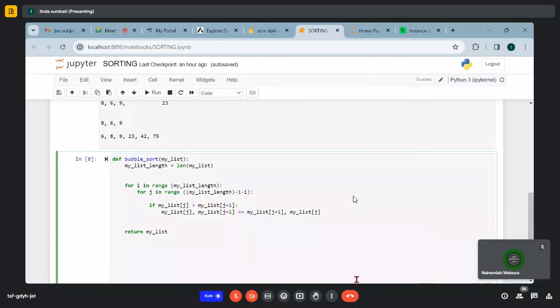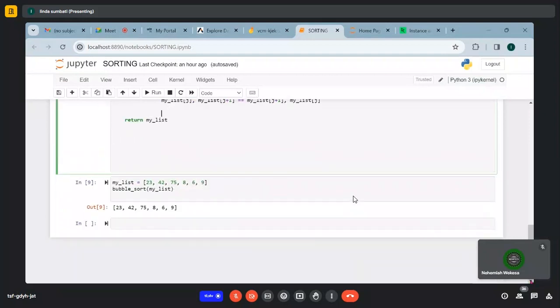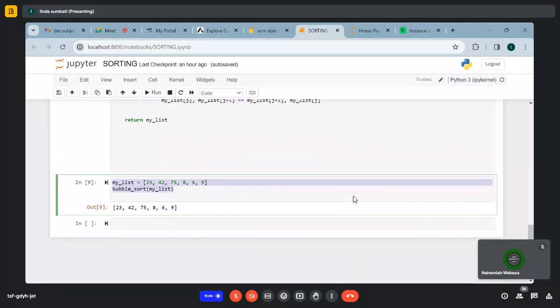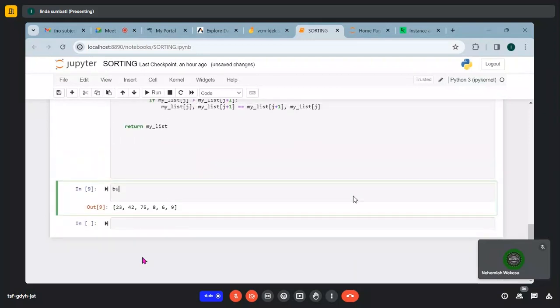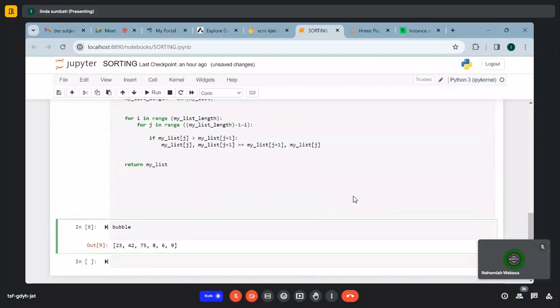Can we call the function that we have just defined? How was it? It was bubble sort. Bubble sort. Then? My list, or what was it?